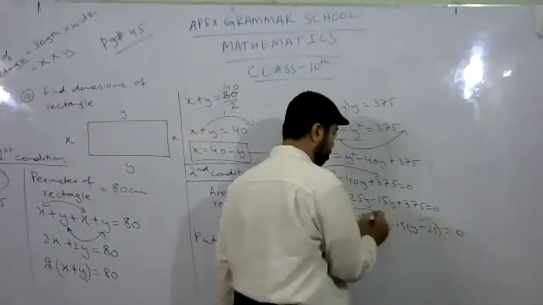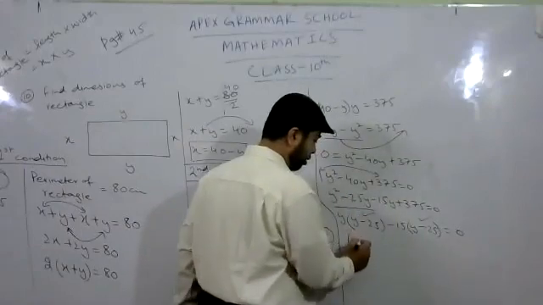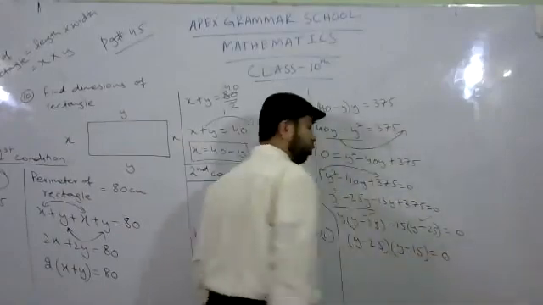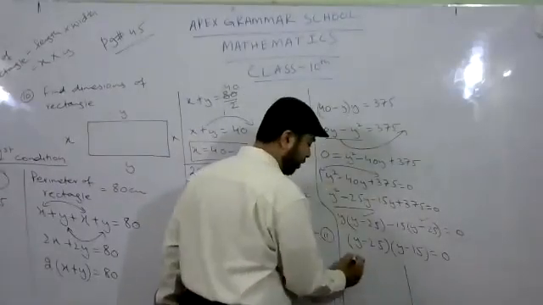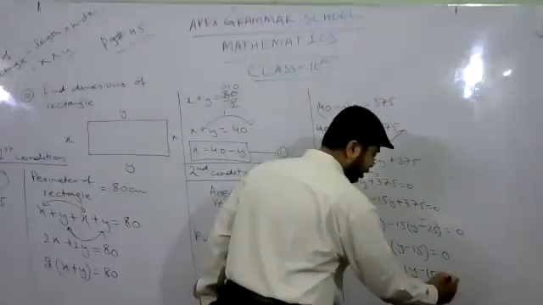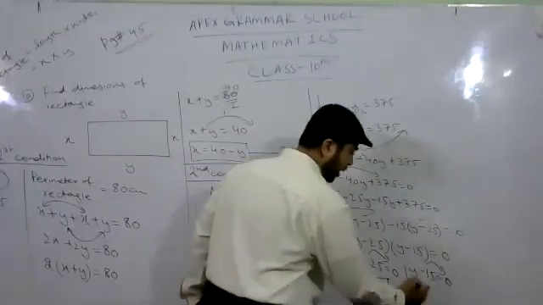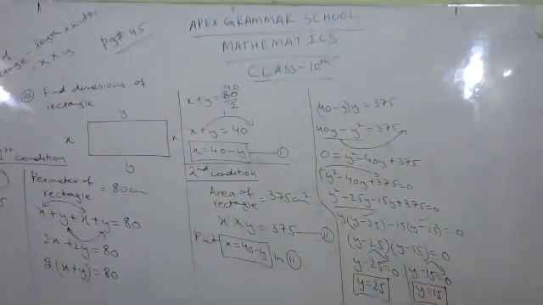So you can see that both bracket expressions are the same. So you can write it as y minus 25 and y minus 15 is equal to 0. So separately you can find the values of y. The first, y minus 25 is equal to 0, and then y minus 15 is equal to 0. After that, y is equal to 25 and y is equal to 15. And that's it. You can see that we are done with the values of y.